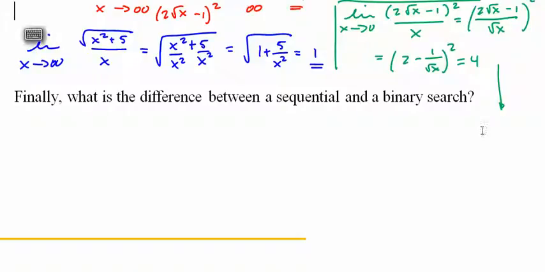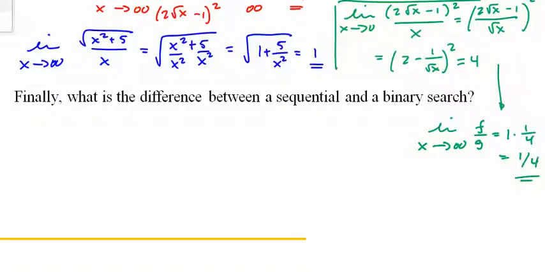F over g would be 1 over 4, which is what I believe I called from the get-go. So transitive helps, but there's so many different ways to do these problems.